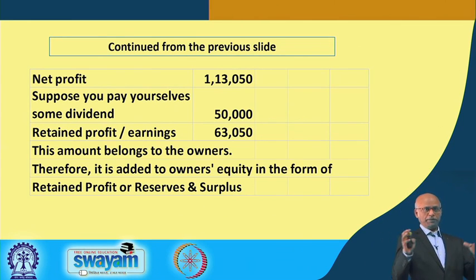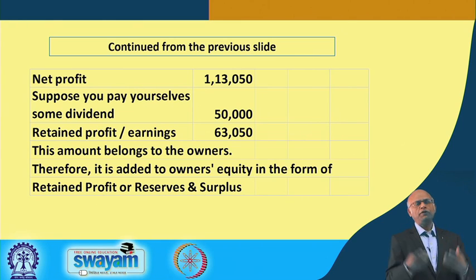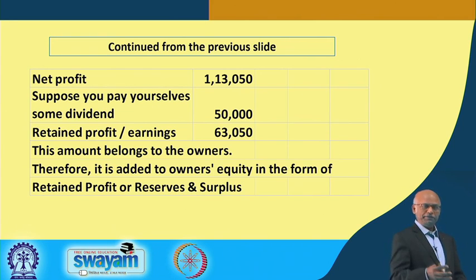Now, you are a businessman and you are looking forward to getting some money out of the business. Had it been a partnership firm or a private limited company, you would pay dividend, not really for a proprietorship firm, because for a proprietor every penny is his or her money.